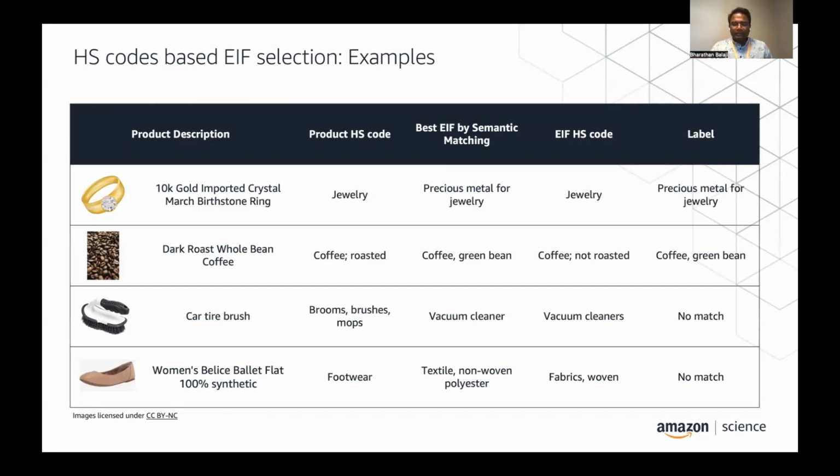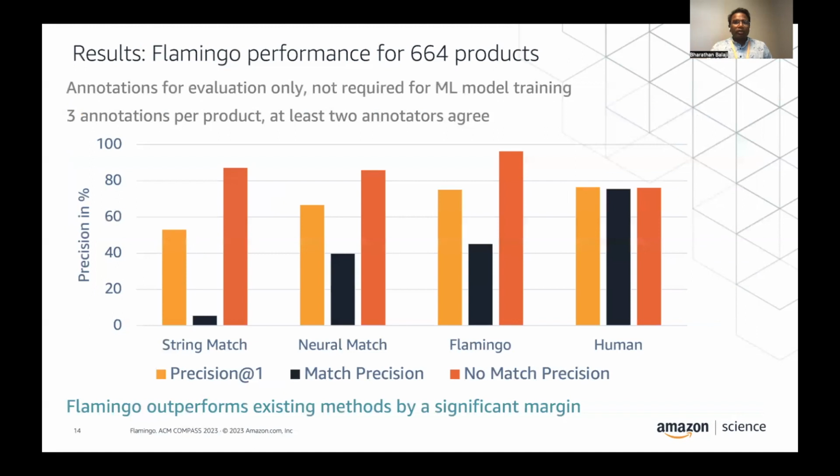We performed this as an experiment for over 500 products, where every product is annotated by at least 3 people, and the majority vote, where 2 annotators agree, is taken as ground truth. When comparing against exact string matching or neural network based semantic match, our algorithm, Flamingo, outperforms them when we looked at the top ranked result.